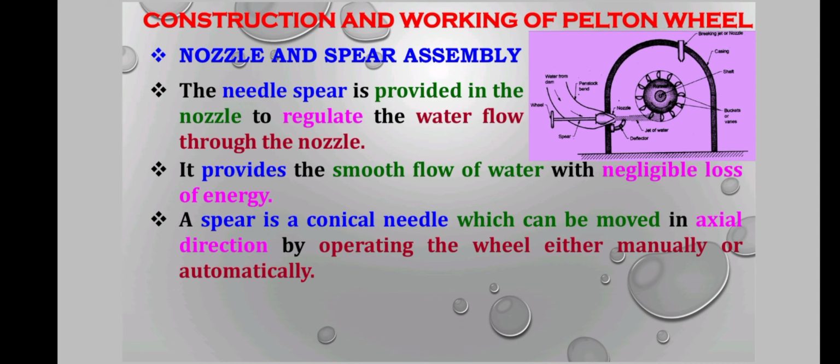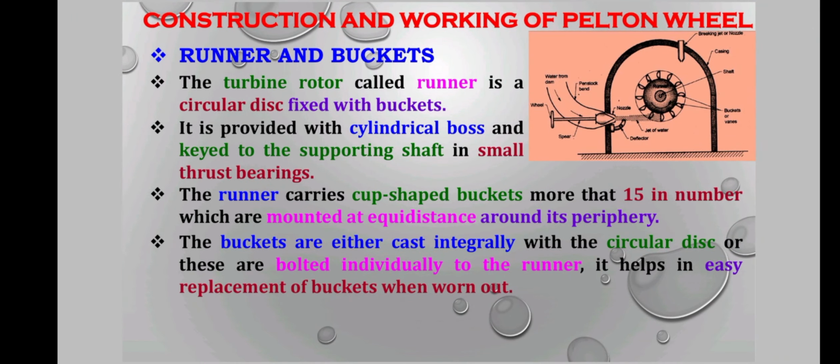Nozzle and spear assembly. The needle spear is provided in the nozzle to regulate the water flow through the nozzle. It provides a smooth flow of water with negligible loss of energy. A spear is a conical needle which can be moved in the axial direction by operating the wheel either manually or automatically. Runner and buckets. The turbine rotor called the runner is a circular disc fixed with buckets.